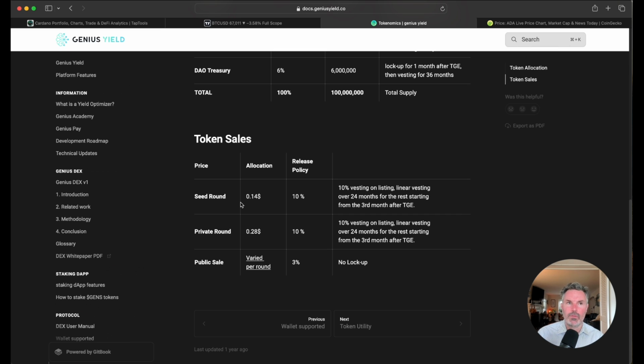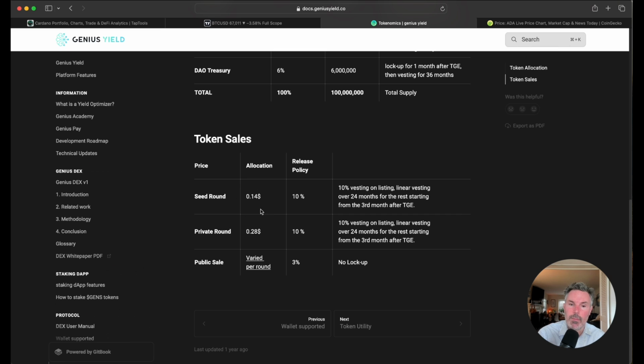So before the tokens were out, the seed round investors were purchasing GENS. So if you put up $1,000, if you put up $10,000, this was your conversion rate. You were going to get GENS at 0.14, so 14 cents. And then they had a private round. So the seed round is in the beginning cheaper.